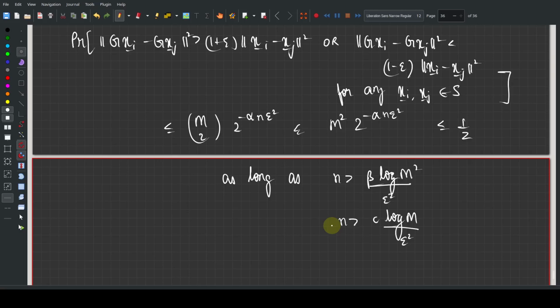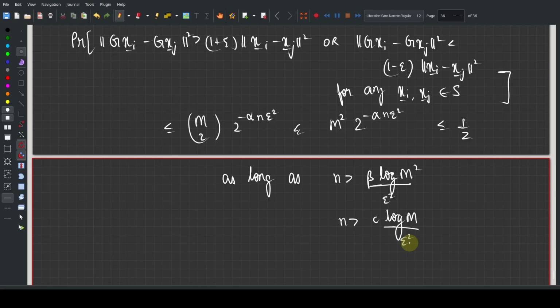Okay? Now, in this case, I chose the entries of G to be Gaussian, but as it turns out, you can play with a much wider variety of distributions. You can also choose G to be specific classes of structured matrices, and you still have this kind of behavior. As long as n is greater than some constant times log m by epsilon squared, all the pairwise distances are approximately preserved.